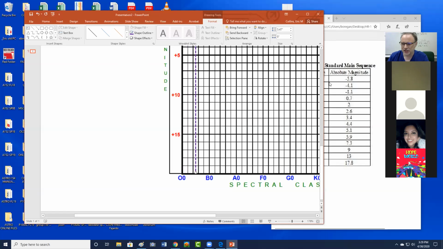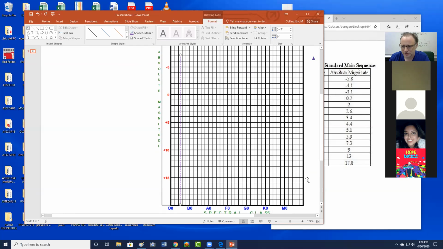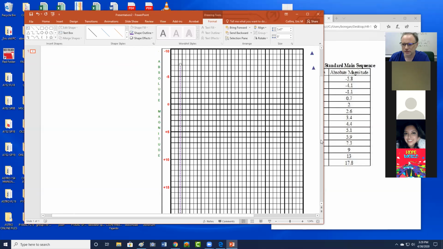Okay, so then we just go up to negative 5.8. So I need to put my triangle at negative 5.8. Zoom out just a little bit so I get a little bit more access to this. So here's -5. Now the trick is, which way do I need to go to get to -5.8?